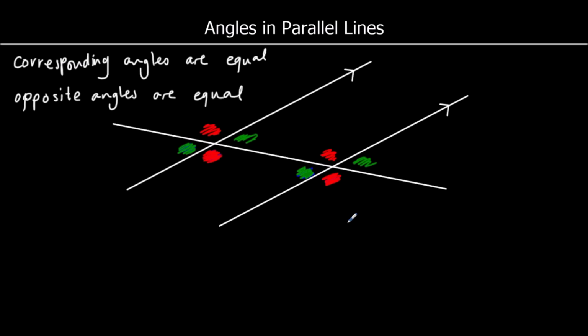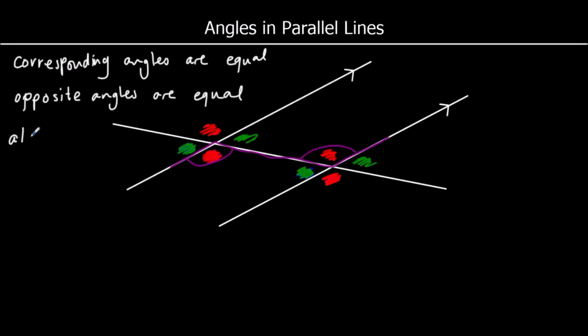We also say that alternate angles are equal, and they make a Z shape. So if you've got a Z running along here, the two angles on the inside of the Z, they're both red angles. They are both equal. They are called alternate angles. Alternate angles make a Z shape.